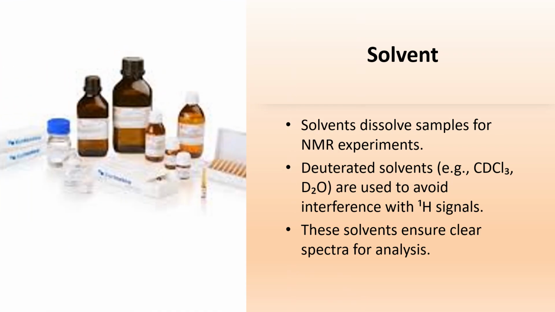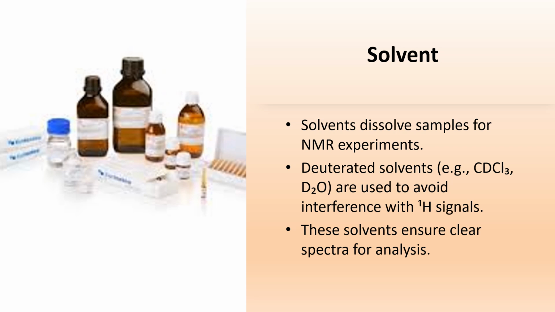To run an NMR experiment, we first need to dissolve the sample in a solvent. However, regular solvents can interfere with the signals we're trying to measure. To avoid this, we use special solvents called deuterated solvents, like CDCl3 or D2O. These solvents are similar to regular solvents, but with a small change that prevents them from interfering with the NMR signals.